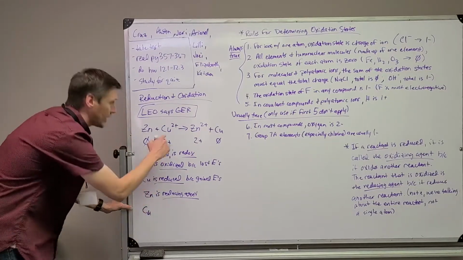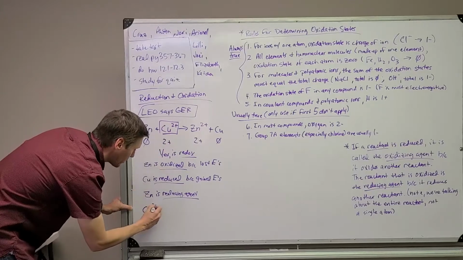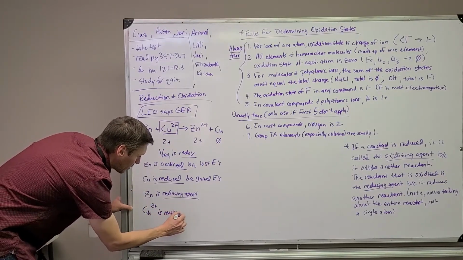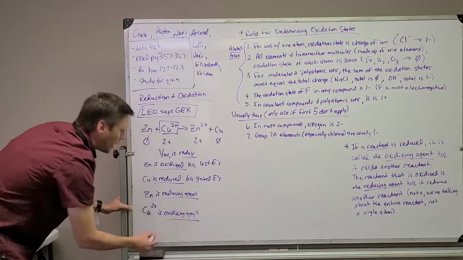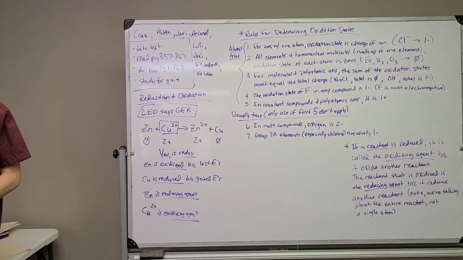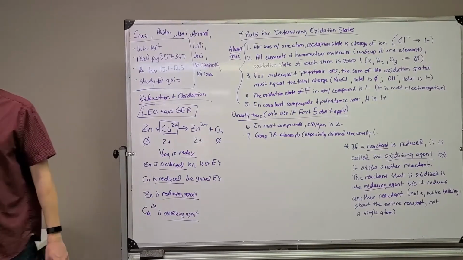You would write down exactly how it is on the reactant side of the equation: Cu2+ is the oxidizing agent. So when you write down the agent, you need to write the reactant exactly how it appears. When you write down the oxidized or reduced part, you write down just the individual atom.